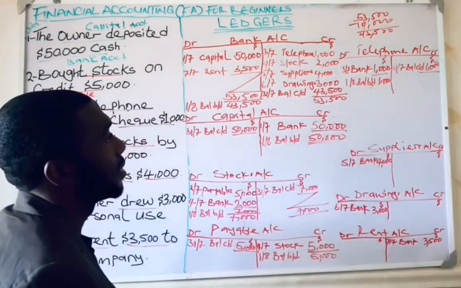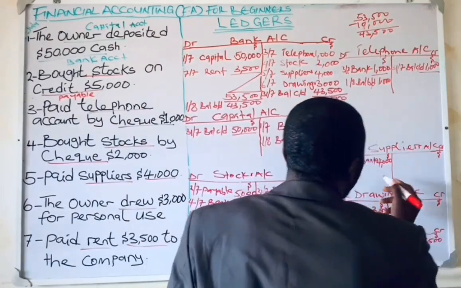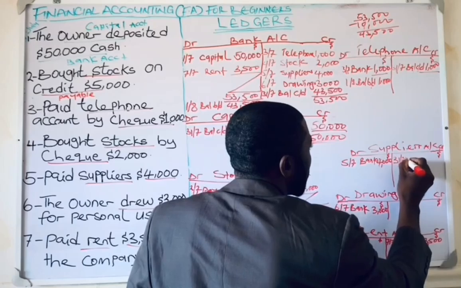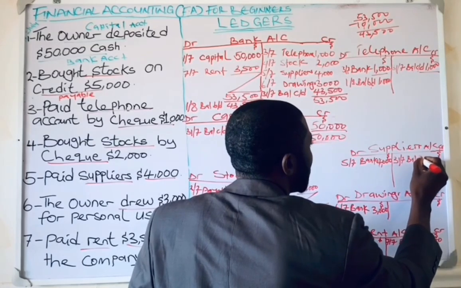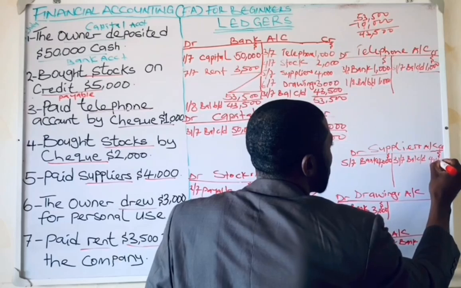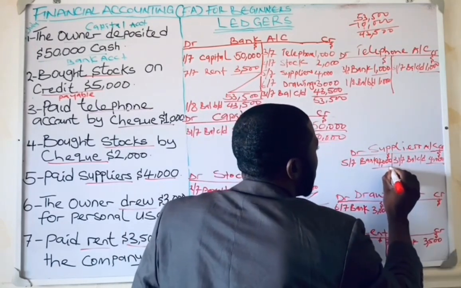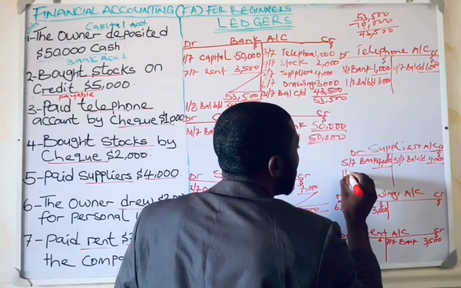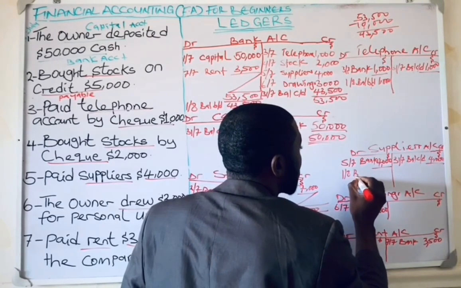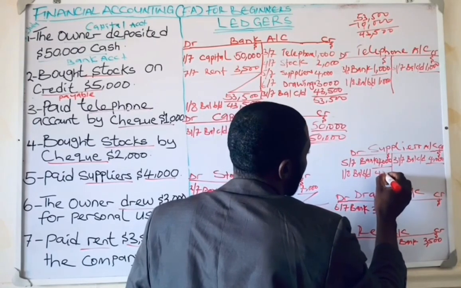Simple as that. For suppliers, at the end of July, we have balance CD of $4,000, and at the beginning of August, balance BD of $4,000.